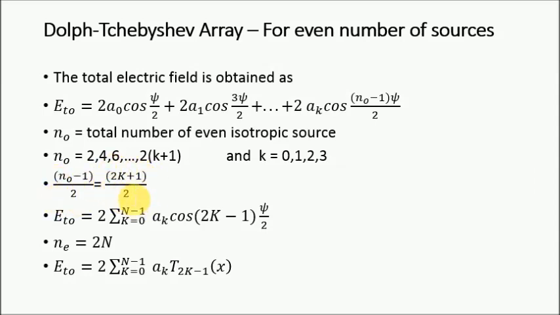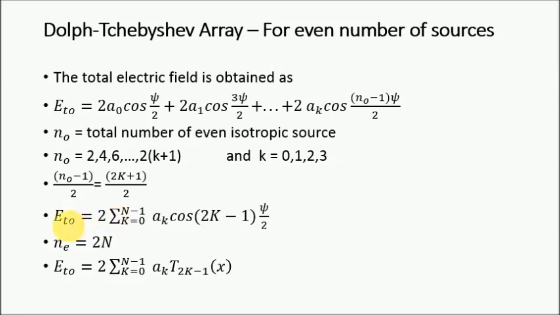So I can replace n0 minus 1 divided by 2 by the new term 2k plus 1 divided by 2. If I rearrange this term, then I have the last term here.